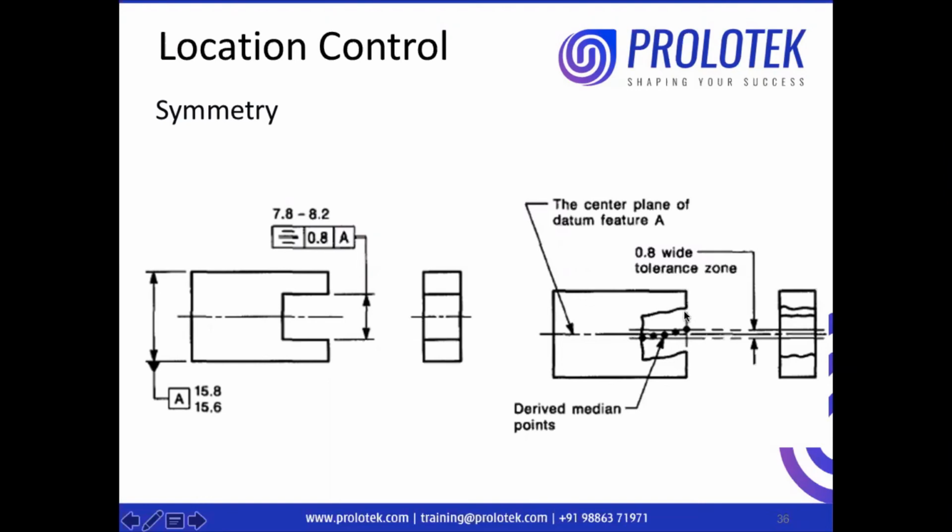But the problem is how to check this. It is a very tedious process of checking. Because of this reason, people did not want to use symmetry also. So in place of this, they started using positional tolerance. As I said, the ASME committee in the Y14.5 2018 standard deleted this symbol also.